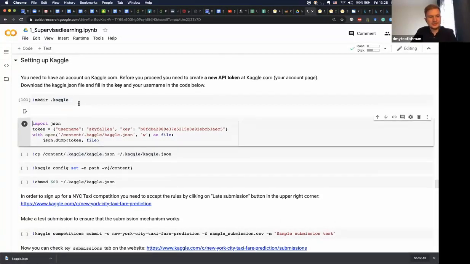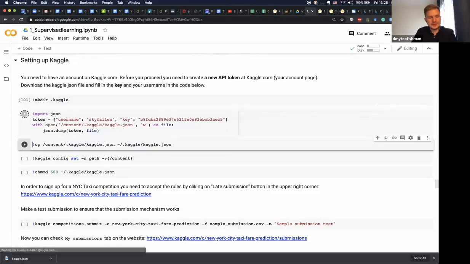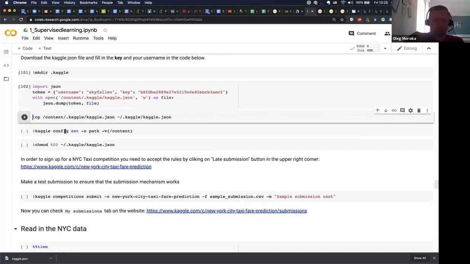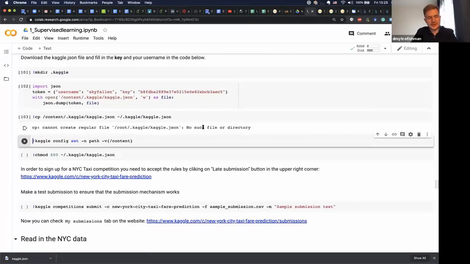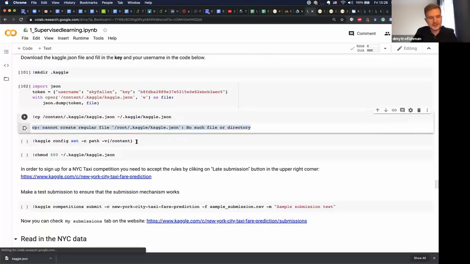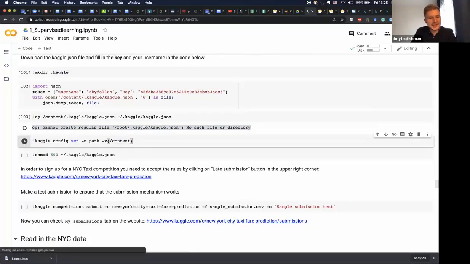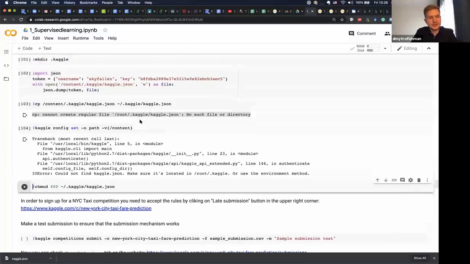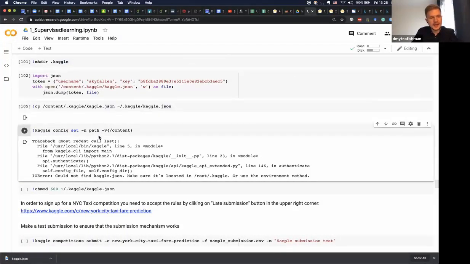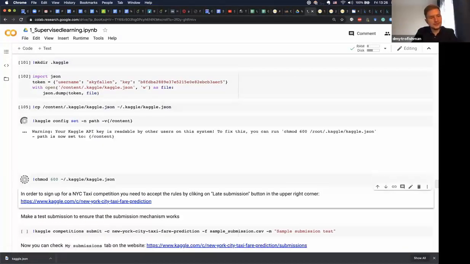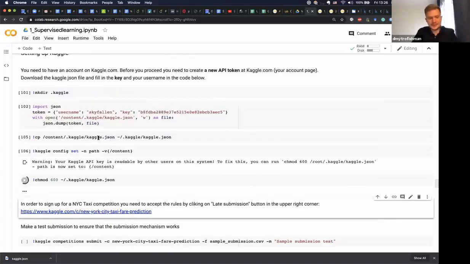No, this one is fine, but there is a problem here. It says some kind of no such file or directory. I don't know what exactly the problem is, so I usually do it like this: I run the next cell and then I go back and it starts to work. I don't know what is wrong with it really, but that's how it works.